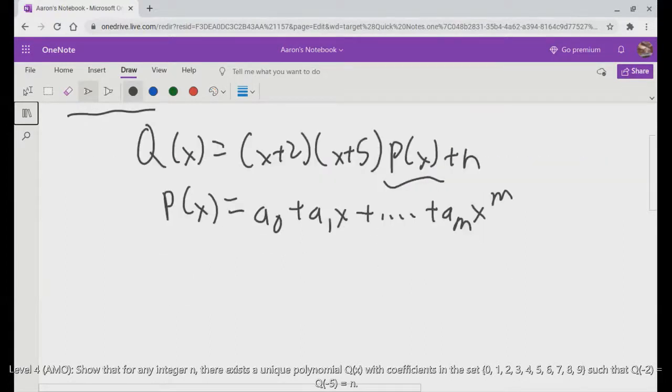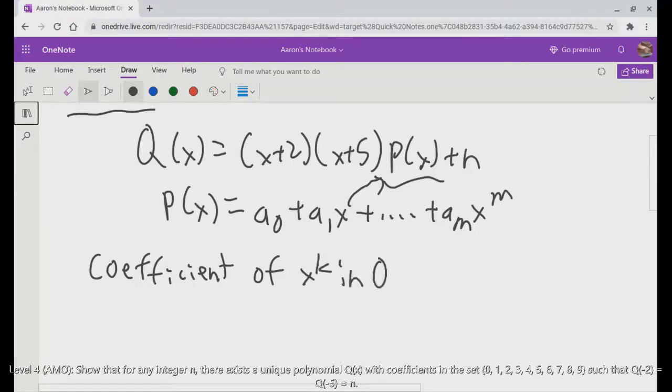And so if we substitute this expression back in, we get that the coefficient of x to the k in q of x is just equal to 10 times ak plus 7 times a(k-1) plus a(k-2).